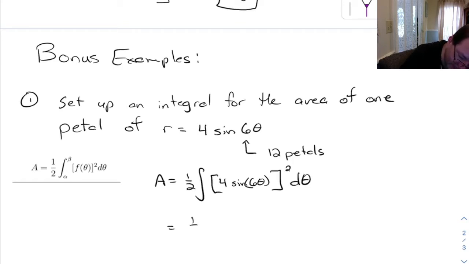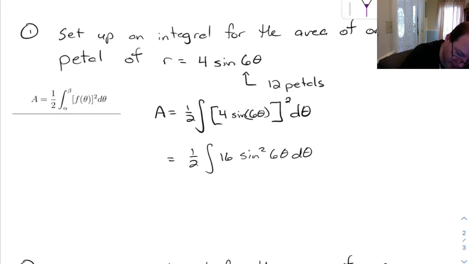I'm going to worry about my endpoints in a minute. This is going to give us 16 sine squared 6 theta d theta. And so that's going to be 8 integral sine squared 6 theta d theta.